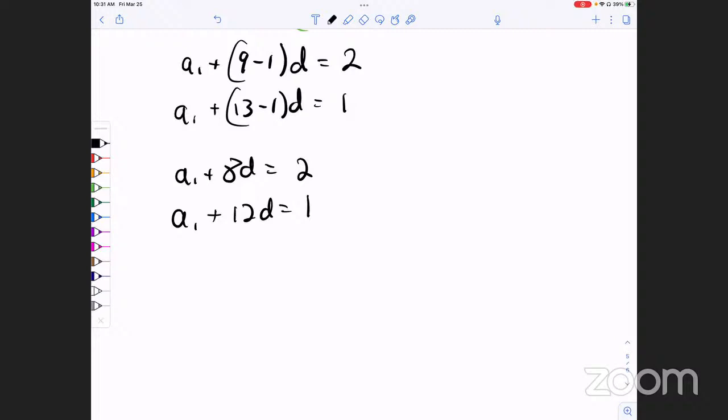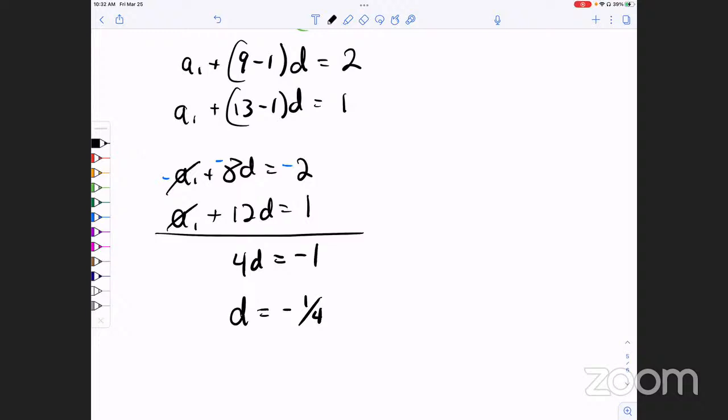Okay. So again, I'm going to multiply the first equation by a negative and then add the two equations together. So that means these guys cancel. I think that's 4d equals, oh shoot, why did I do that one? Okay, well, that's fine. What is that, -1? So then d equals -1 divided by 4.